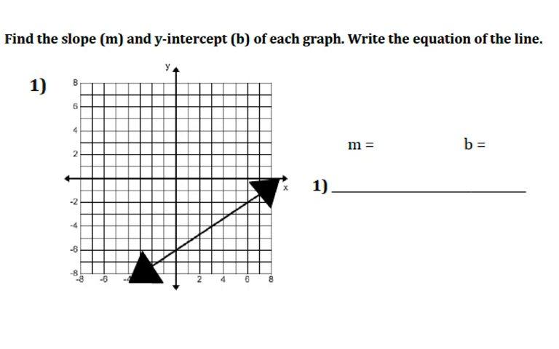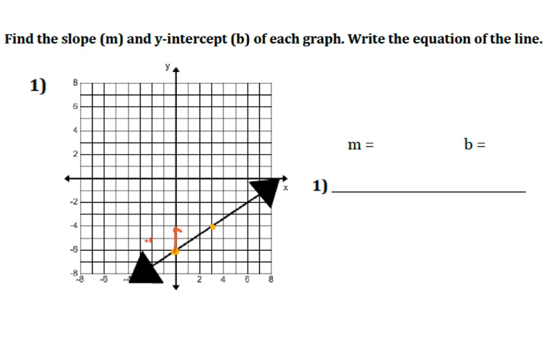Okay, number one, we want to find the slope and the y-intercept of each graph and write the equation of the line. So let's begin with looking at our slope. If we take 2 points, so let's say here's a point that fits perfectly on our grid, and here's another point perfectly on our grid. To find our slope, we're going to do the rise, going from left to right, we're going to rise 2.